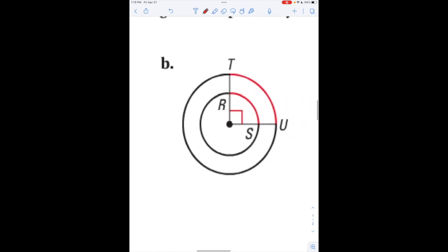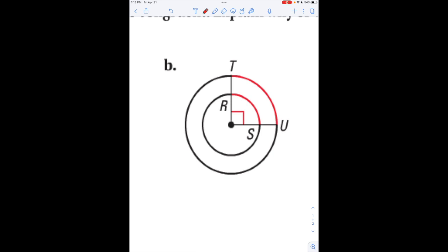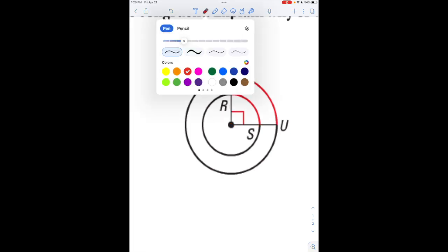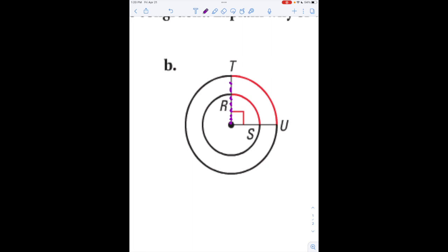Over here, I have 2 different circles, a small circle and a large circle. However, their radiuses seem to be the exact same line. Their radiuses are the same line here, and it creates a right angle. So it's actually the same right angle, which again, if my central angle is 90, that means that my minor arc is 90.